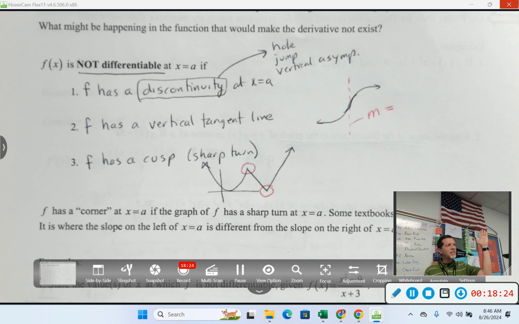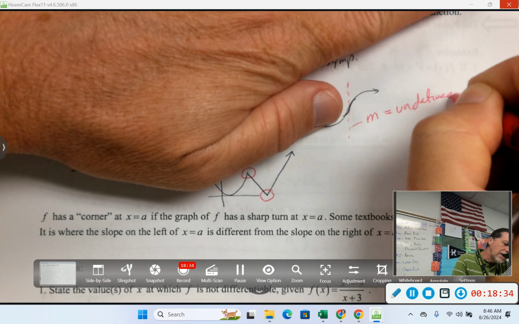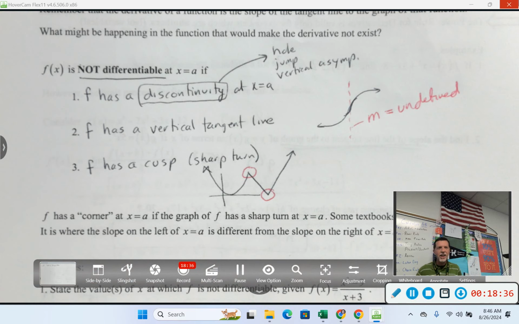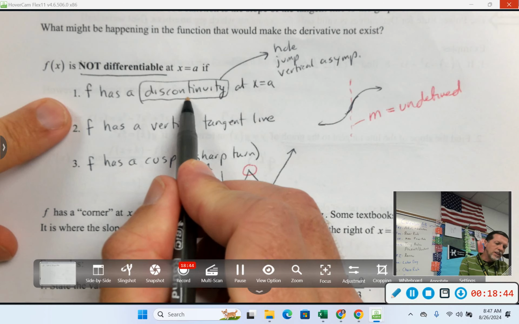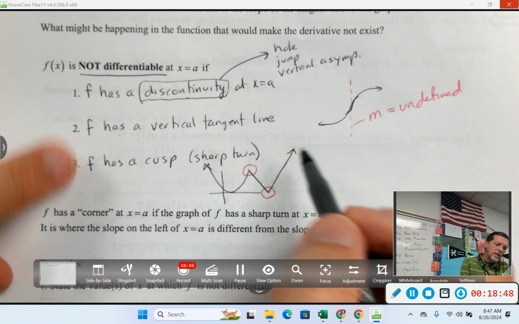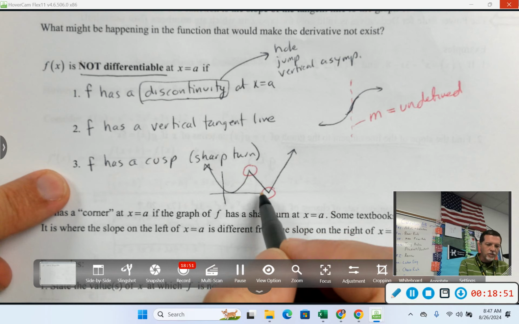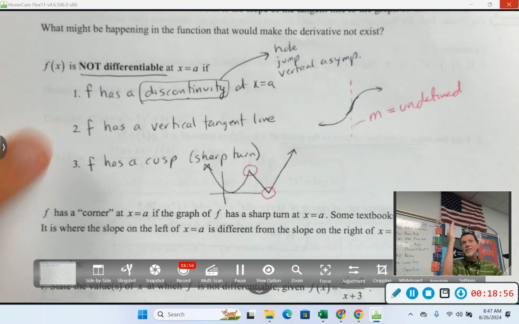It's not 0. That one's 0, horizontal. It's undefined. So it makes sense that if the slope is undefined, then the derivative is undefined, because slope and derivative go together. If there's no point at all, there's no slope, no derivative. If you couldn't draw a tangent line, there's no derivative. And if there is a tangent line, but its slope is undefined, then the derivative is undefined, so it doesn't have a derivative either.